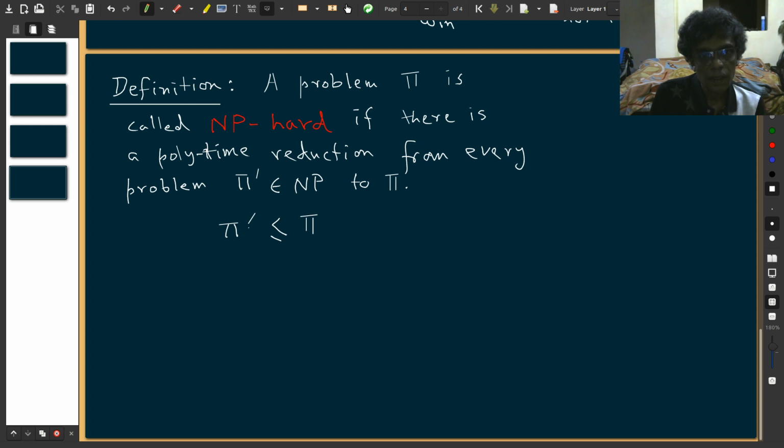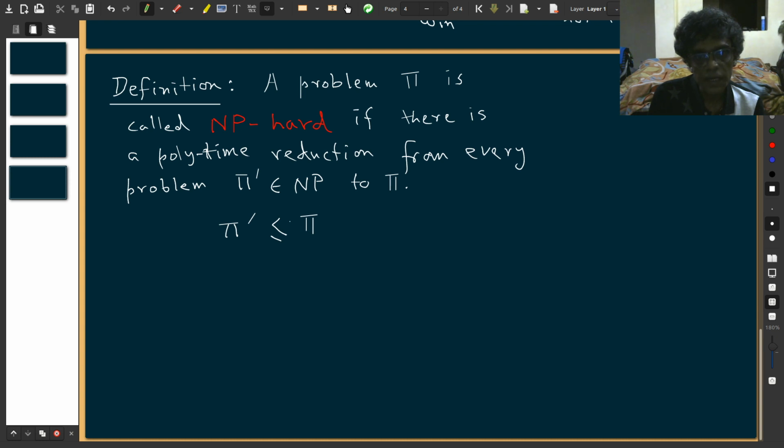Okay. So this essentially means that the problem pi is so hard, so difficult, that if that can be solved easily, then all problems in NP can be solved easily. Right. So reduction essentially means this.